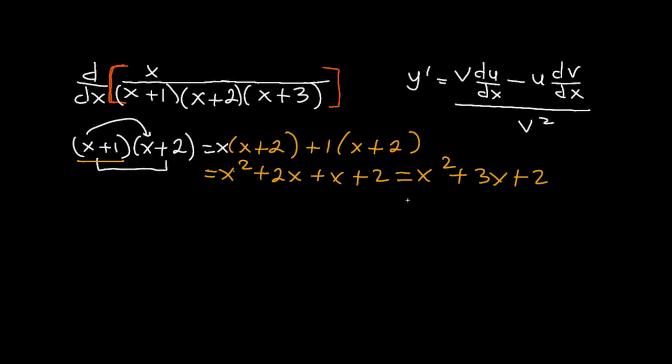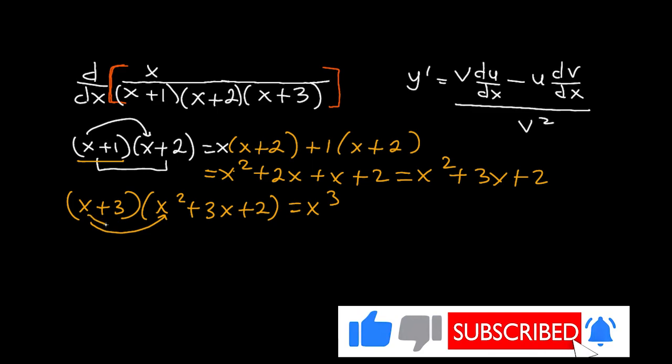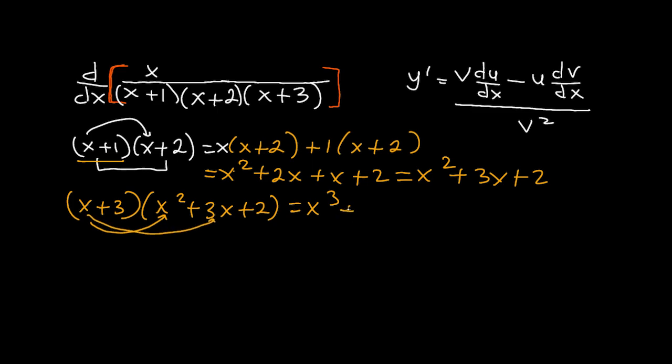Simplification of the denominator has not ended, so we need to continue. The next one to do now is this x plus 3 times what we have gotten, x squared plus 3x plus 2. If you do that, x times x squared is x cubed. This one again times this one, that's a plus 3x squared, and then x times 2, that's a plus 2x.